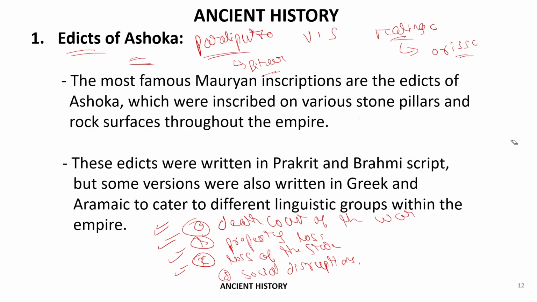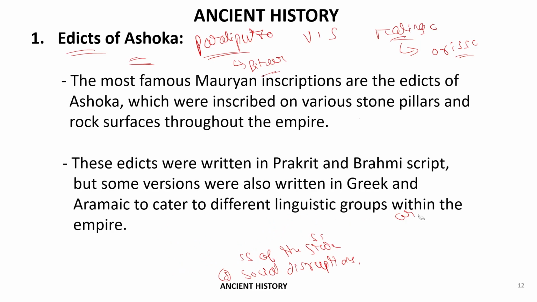Because the kingdom was too large and there was a large movement of people and goods throughout the kingdom, he wanted to establish permanent messages on pillars, on walls, on stone, so that the passers-by and the people could understand the meaning of his message and follow it. He also used several languages like Prakrit, Brahmi, and Greek and Aramaic.